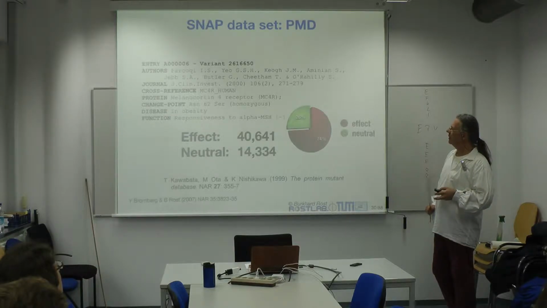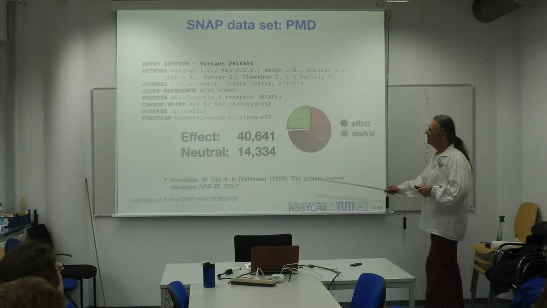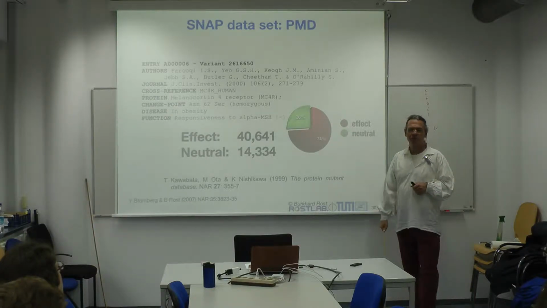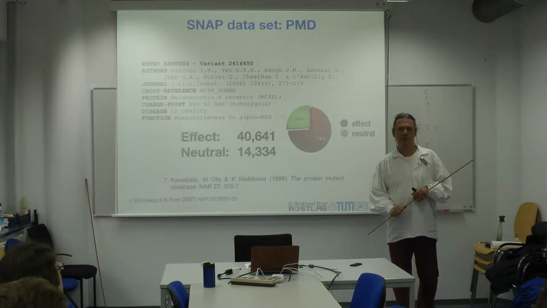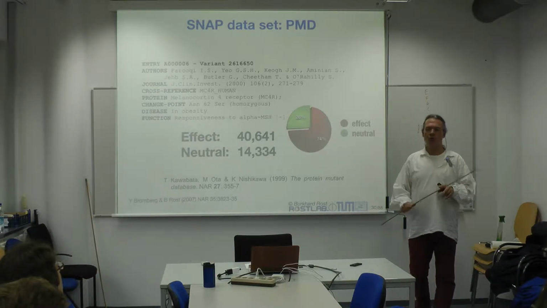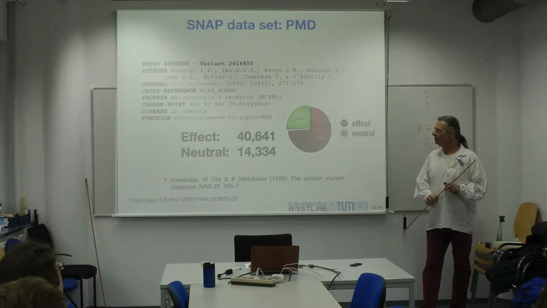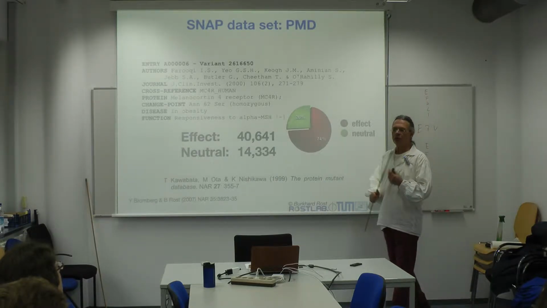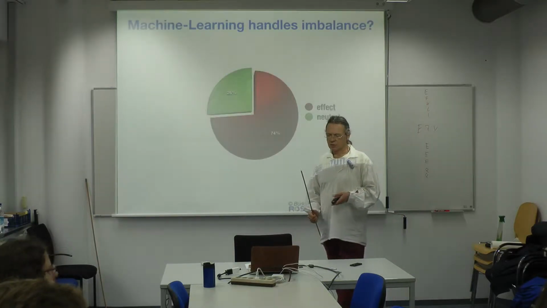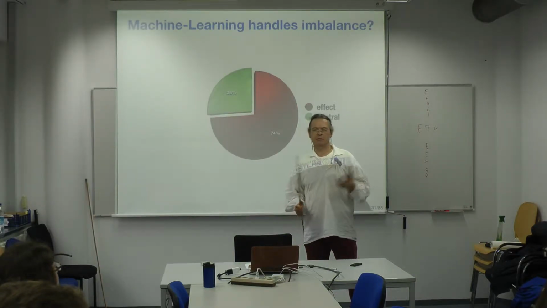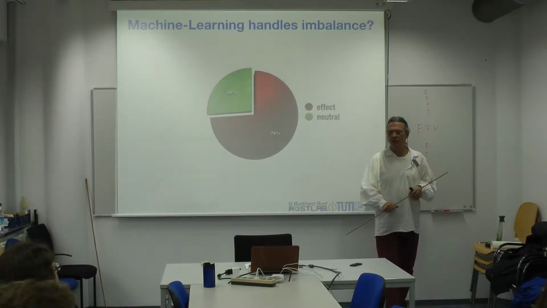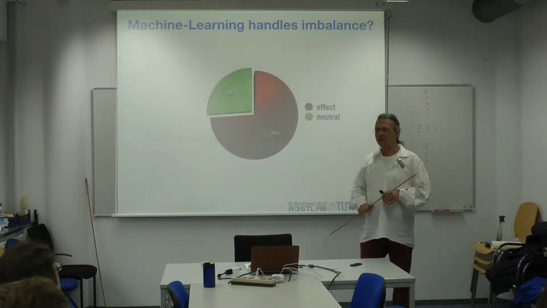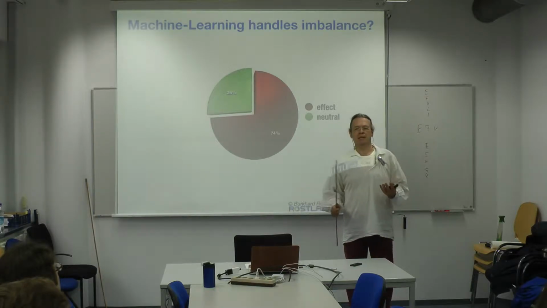And when we collect all of that, what we get is about 40,000 effect and about 14,000 neutral. So about a fourth neutral, okay? So when you now do machine learning on that, the first issue is a not that big data set, but it's 40,000. It's a good number to start with.